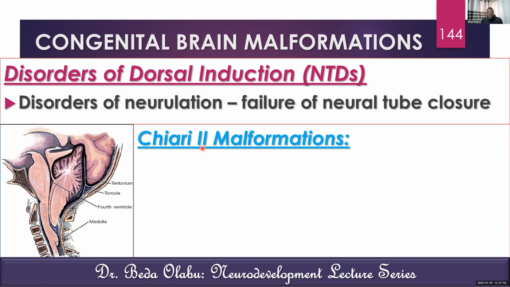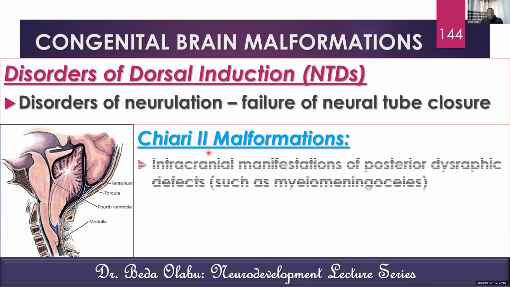So what's a Chiari 2 malformation? Chiari 2 malformations are intracranial manifestations of posterior dysraphic defects. I want you to understand that. We are saying that there is most likely a dysraphic disorder in the spinal cord. So there's some spinal dysraphic disorder.